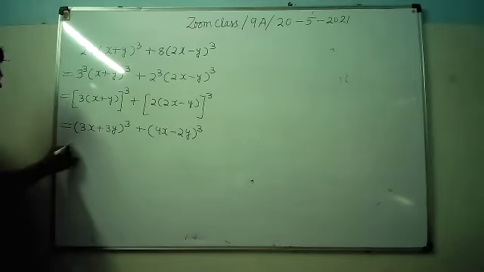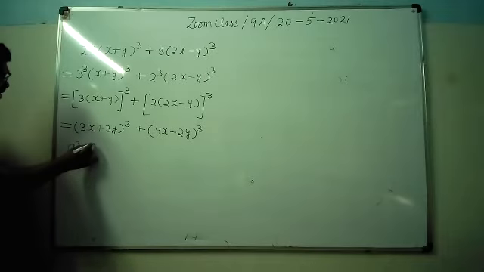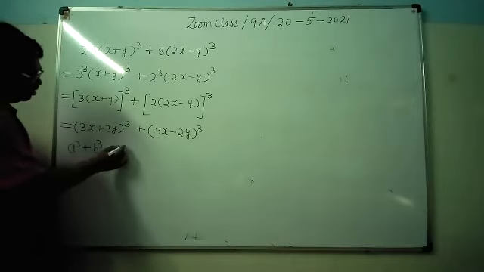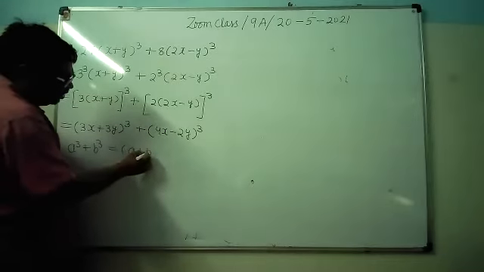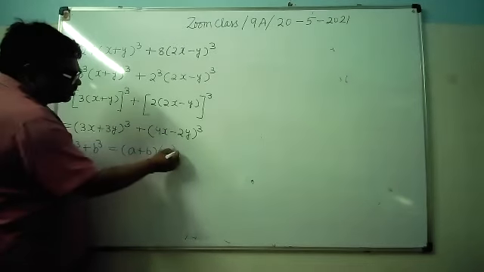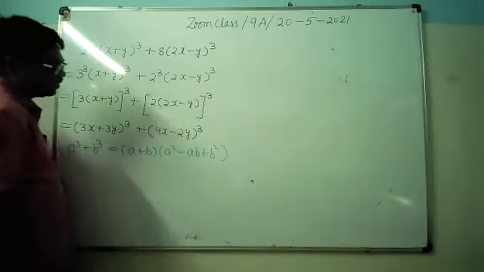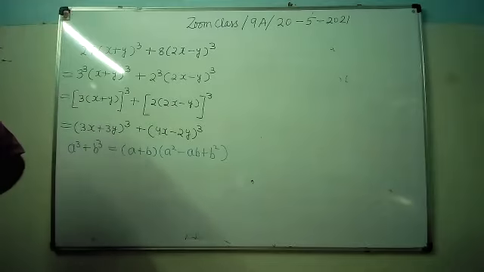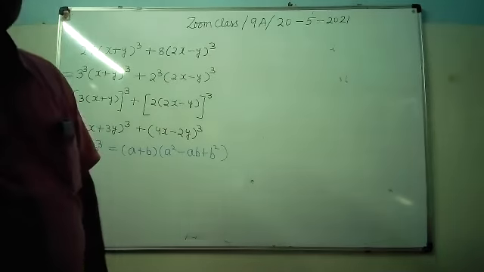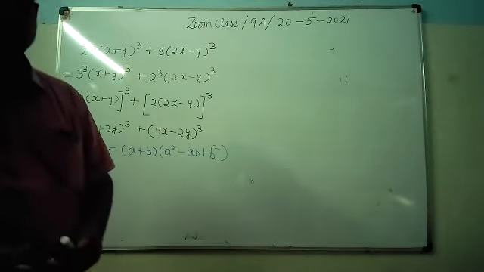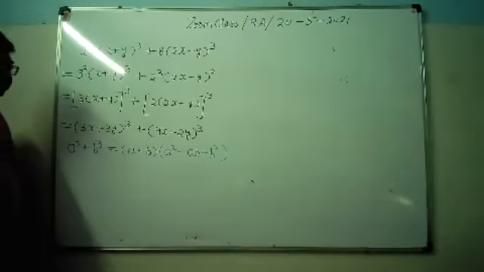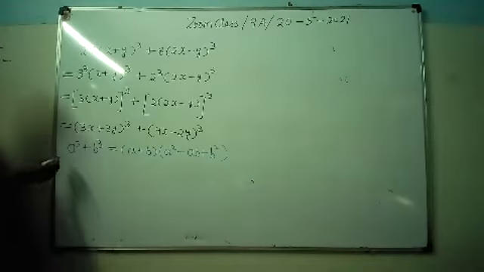Very good. A cube plus b cube: a plus b in one bracket, in the other bracket a square minus ab plus b square. In place of a, there is 3x plus 3y, while in place of b, there is 4x minus 2y.